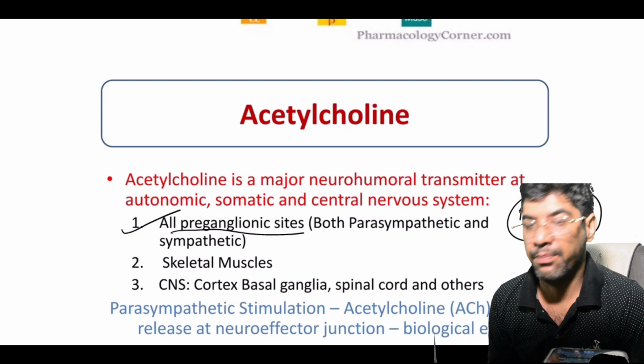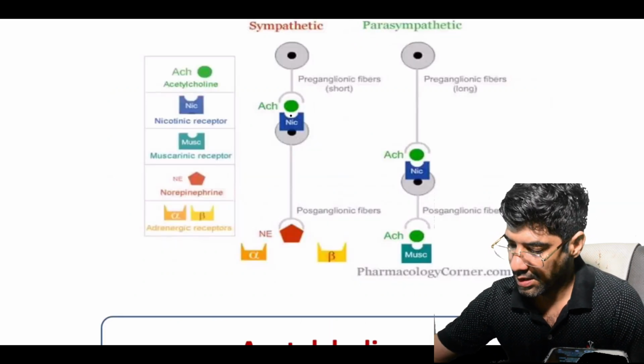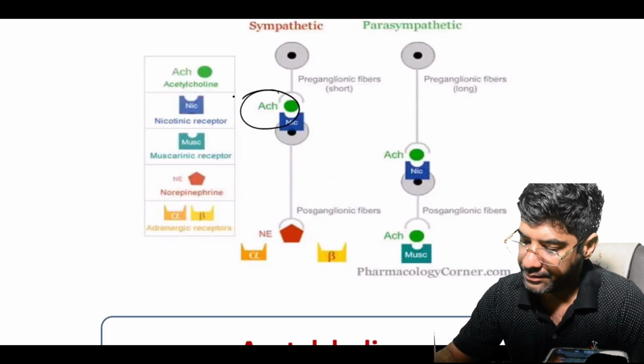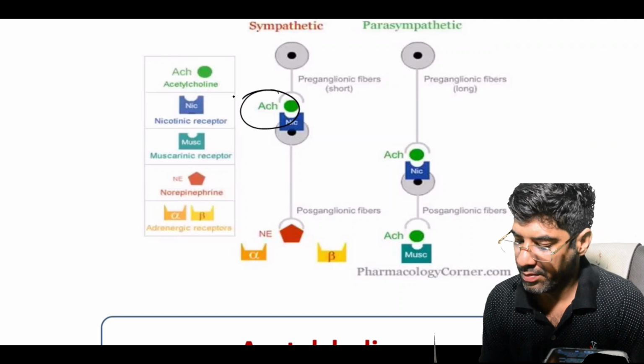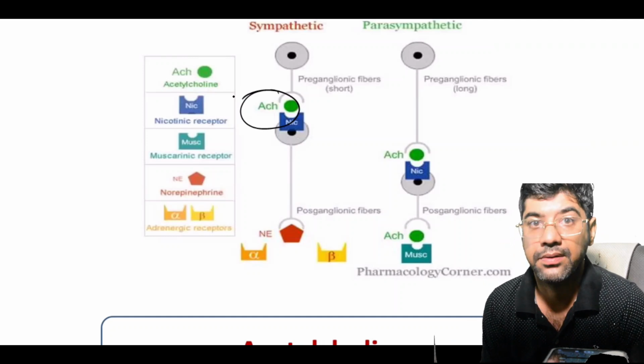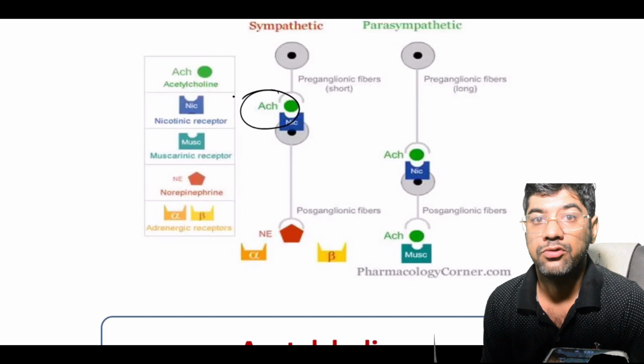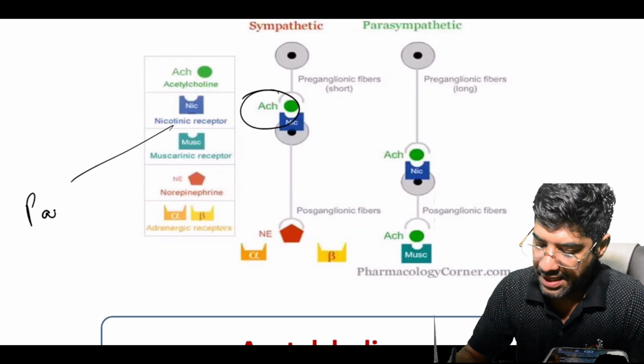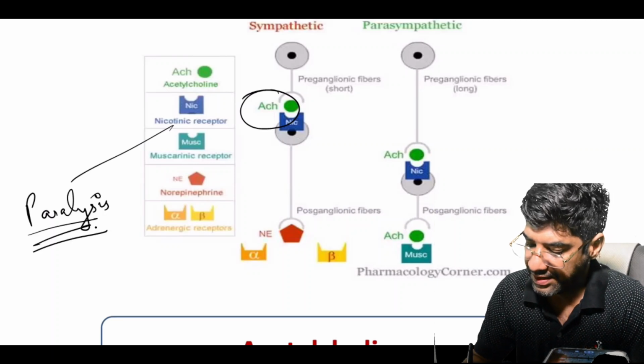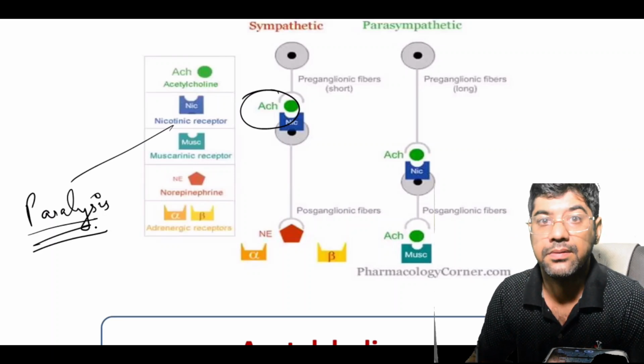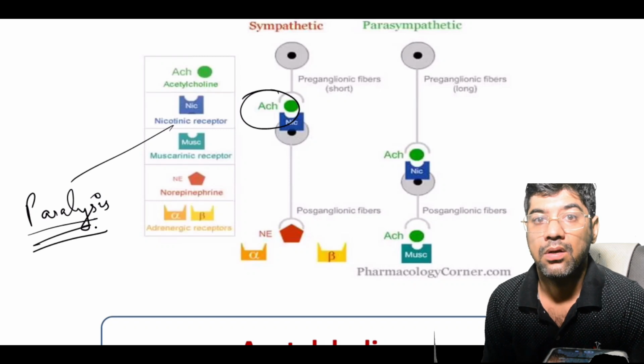Now, these agents compete with acetylcholine at the neuromuscular junction. By blocking the acetylcholine receptor, they prevent the depolarization of the muscle cell membrane, leading to muscle relaxation and paralysis. How do non-depolarizing blockers work?